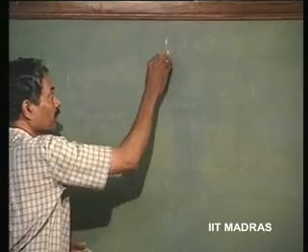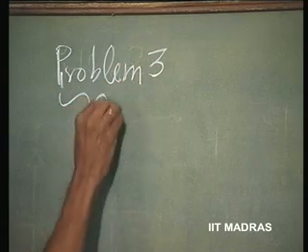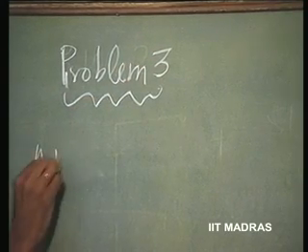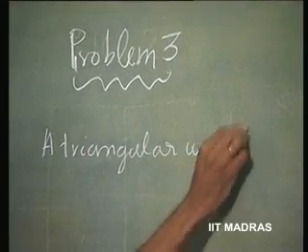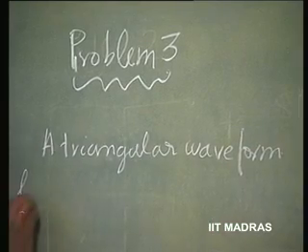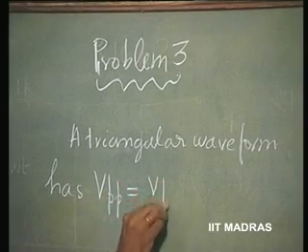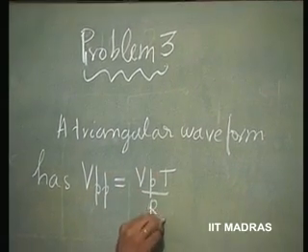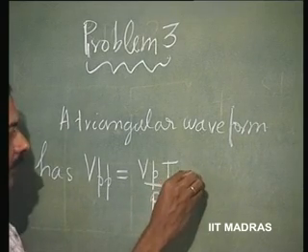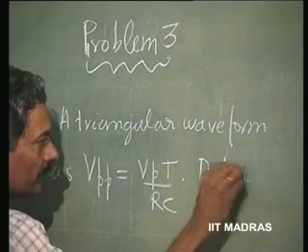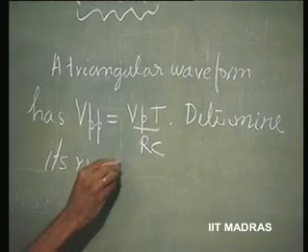Problem 3: a triangular waveform has peak to peak value equal to V p into T by R c. Determine its RMS value.